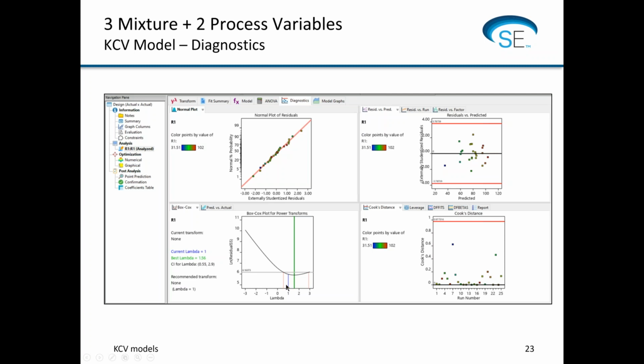The blue line is no transform, and that's well within the interval around the green line. So going from the blue to the green won't improve it any. None of the points look like they're exceeding or coming too close to the limit on Cook's distance. So diagnostics are looked at the way you'd always look at them. In this case, they look good.